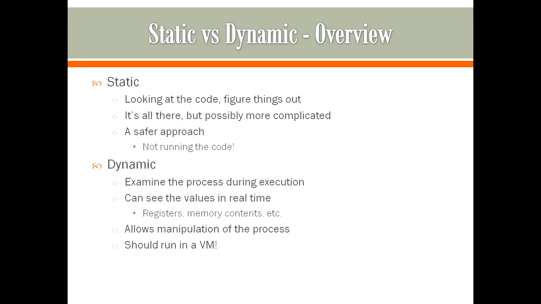Dynamic analysis, however, involves examining the process when it is executing. The advantage to this approach is you can observe values in real time, like its registers and memory contents, and you can manipulate the process. Dynamic analysis isn't as safe as static analysis, therefore it should run in a virtual machine.